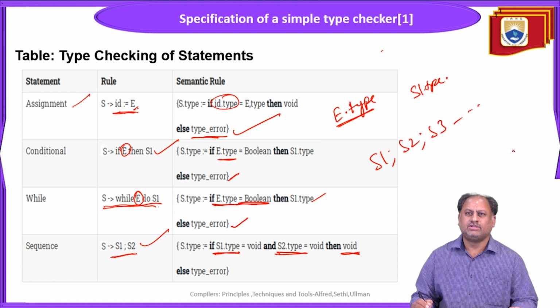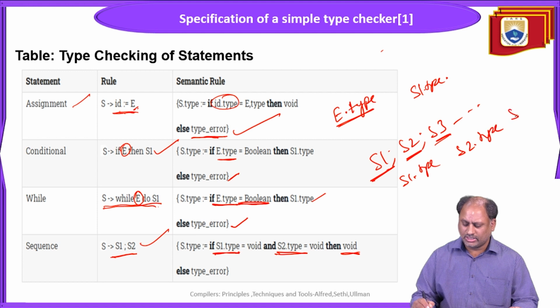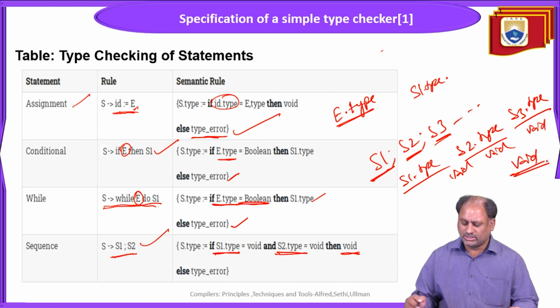S1 dot type, S2 dot type, S3 dot type are all to be evaluated, and if all are void, then the expected type is void.